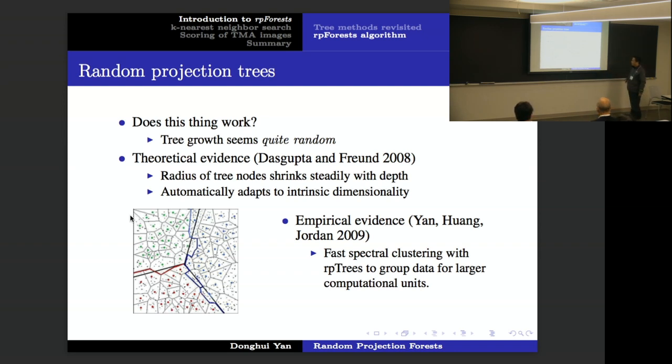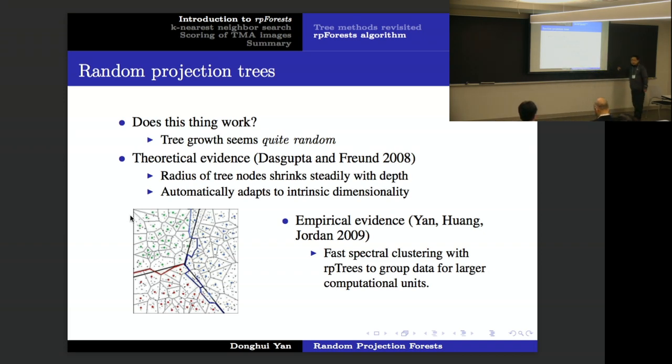We actually show that by doing this, you don't lose much, or sometimes you actually get better performance than if you work on the entire data set. But the advantage is that we do this very expensive computation on a very small data set.